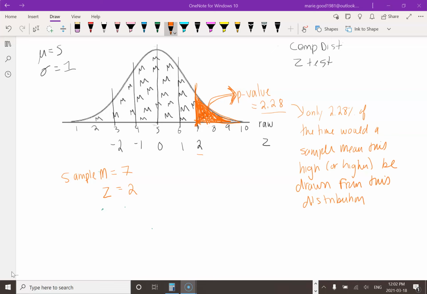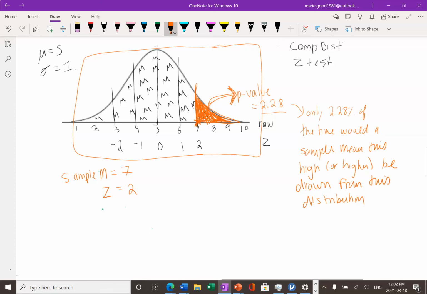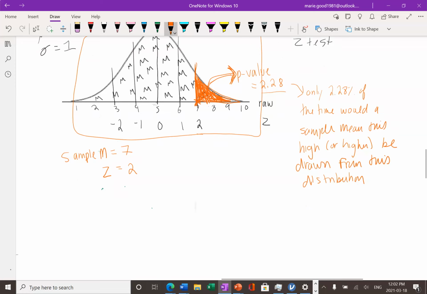Remember that the nature of hypothesis testing is that you reject the null and have support for your research hypothesis if it would be unlikely to obtain your sample mean in the null situation. So this is the null situation, and you reject the null if you get an unlikely sample mean from this distribution, right?